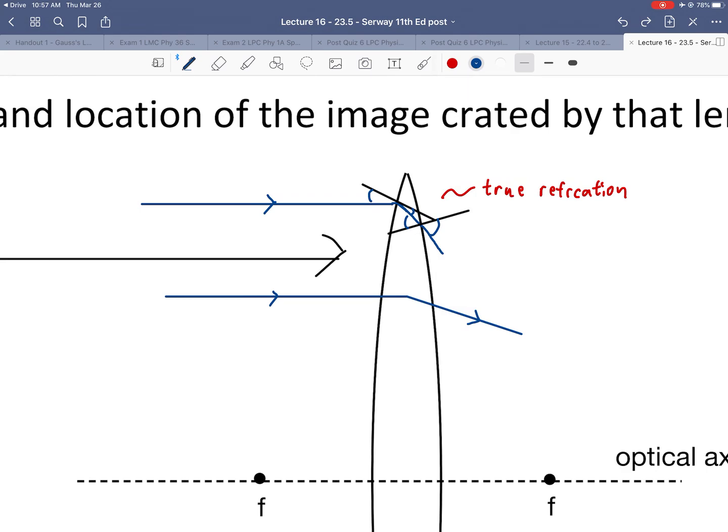Okay, and that would work if the lens itself was actually just a single sheet. Now, of course, the issue there is that if it was just of negligible thickness, then it wouldn't have curvature, and we need the curvature. So it is a simplification. In its very nature, it is introducing some deviation from reality. But it ends up being a very accurate simplification in many cases. So this is the simplified refraction.